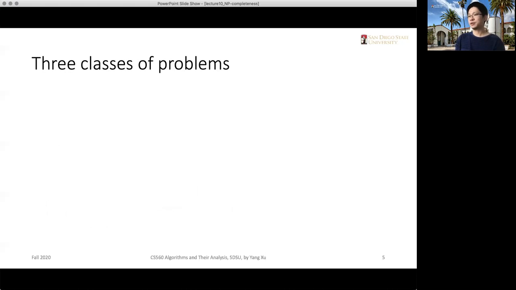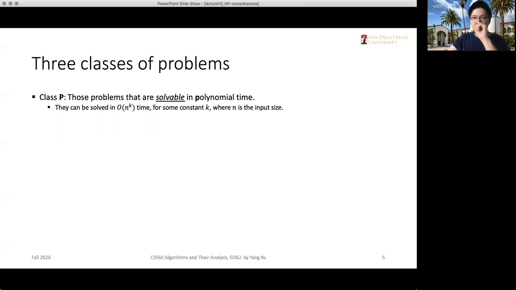Based on the examples here, we will look at three classes of problems. The first is called P. The problems in this class P are solvable in polynomial time. The capital P is for polynomial, okay? That means they can be solved in big O of n to the power of k time, where k is a constant and n is the input size.